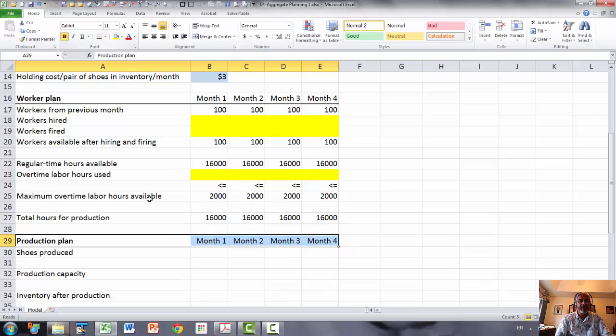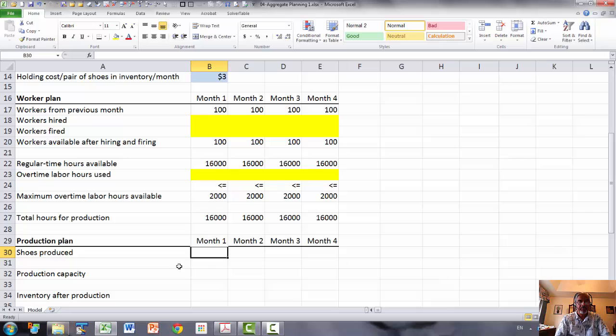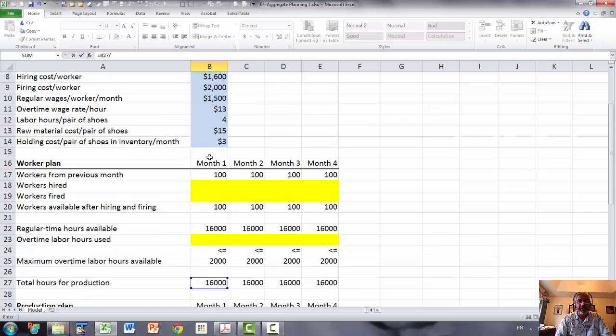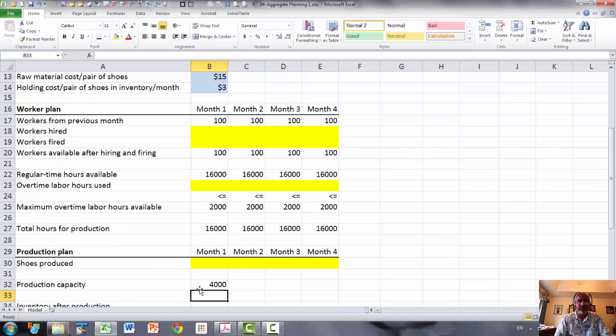So now we have the production plan. How many shoes we're going to produce, that's going to be changing cells, and how much capacity we have. You take the total hours of production and divide by the labor hours needed per shoe. That will give you the production capacity.